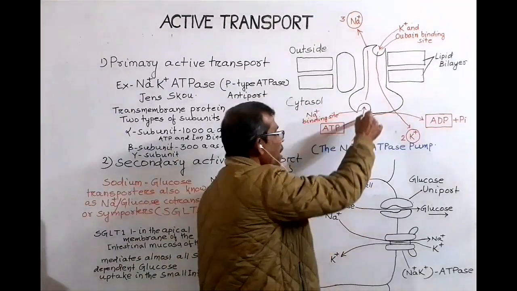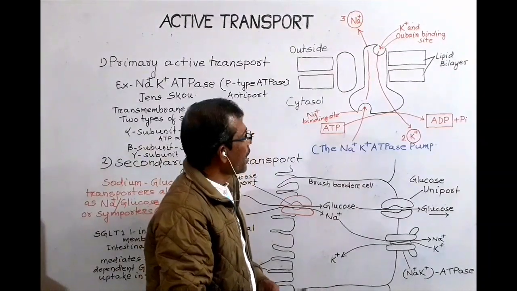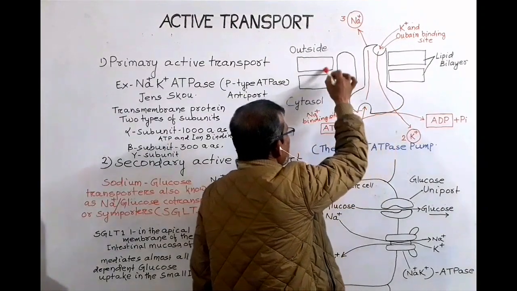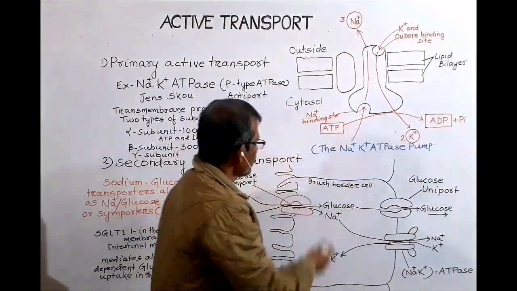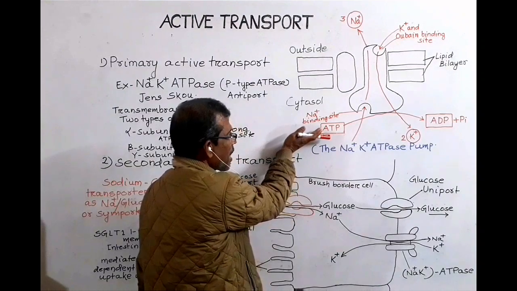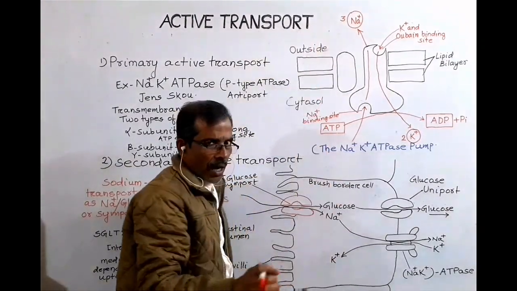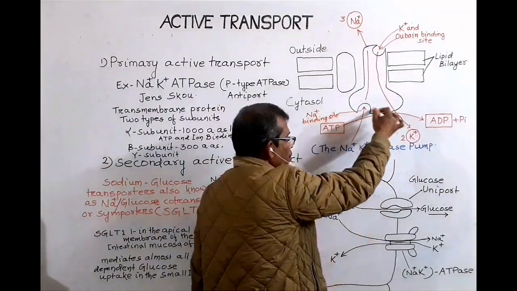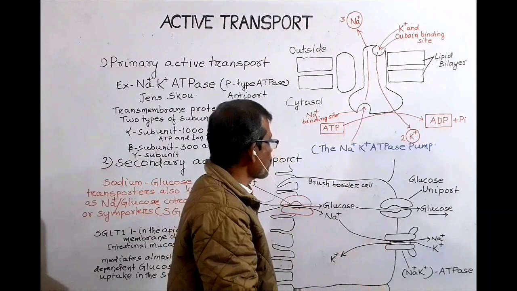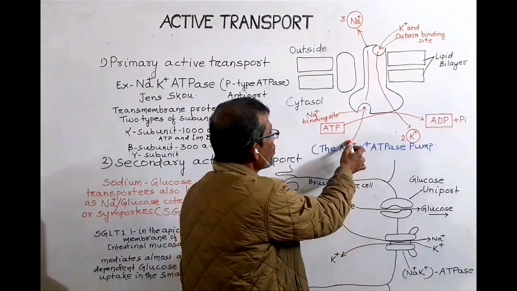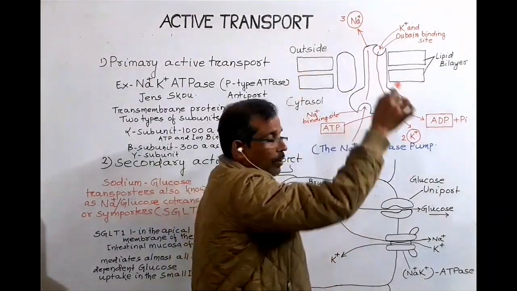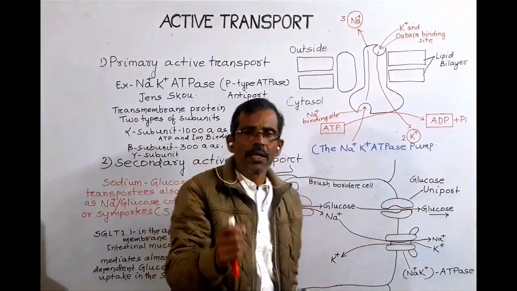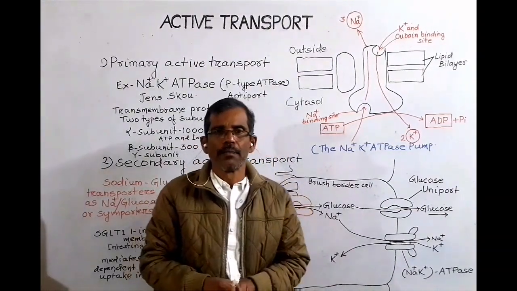This figure explains the function of the Na+ K+ ATPase pump. This is the protein and this is the lipid bilayer. This side is the cytoplasmic side and that side is the outer side. The protein, that is Na+ K+ ATPase, drives the transport of 3 sodium ions out of and 2 potassium ions into the cell with the concomitant hydrolysis of ATP.